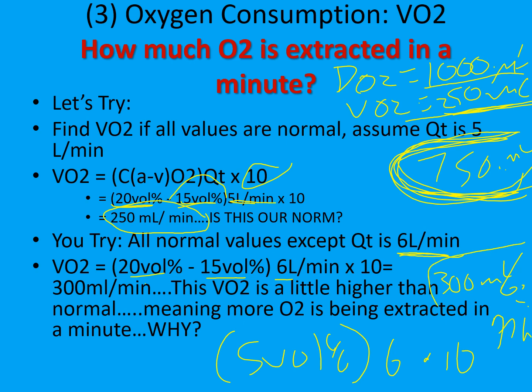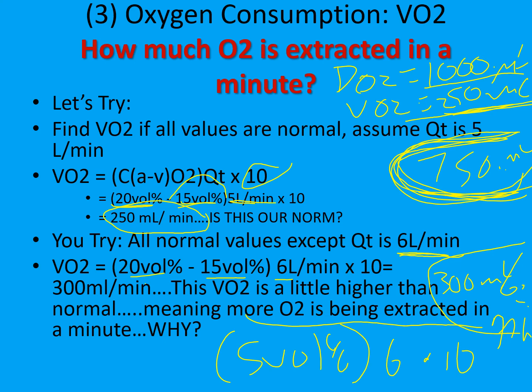So what happened with our consumption? Did it increase or decrease? Well, we have a higher number, so our oxygen consumption increased, which means more oxygen is being extracted. Why? Why is there more oxygen being extracted when all that changed is a higher cardiac output? Well, let me ask you this. Is there a muscle that is working harder when we change this factor?